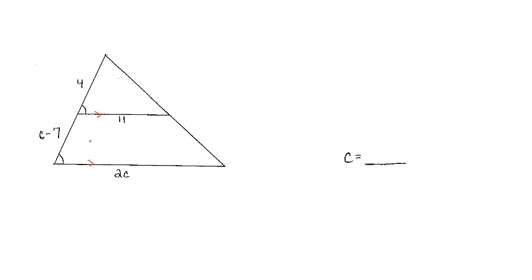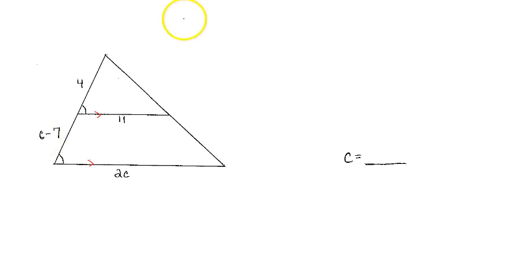Very important. Because when you look at this, 4 is a side of a small triangle. c minus 7 is not the side of a triangle at all. Whereas 11 and 2c are both sides of a triangle. So side of a triangle, side of a triangle, side of a triangle, not the side of a triangle. I cannot use it in a ratio on its own.